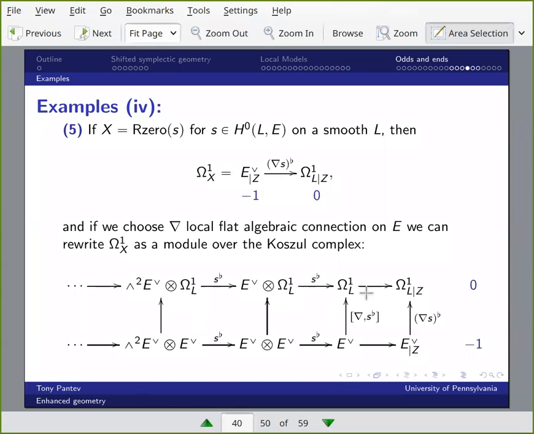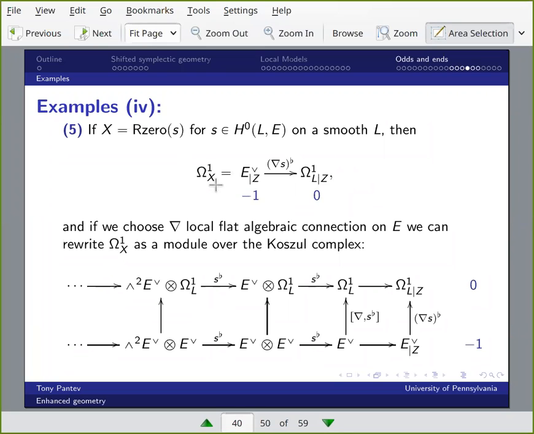The cotangent complex, you can write it in terms of this two-term complex on the total space of the bundle that I wrote before for any derived intersection. But it actually has a smaller model here, which is useful, and it's what one does in practice.